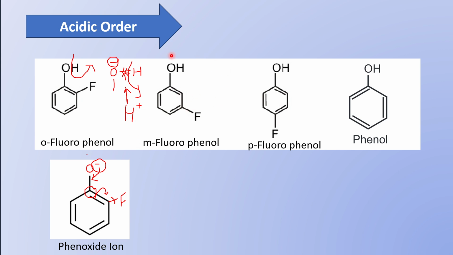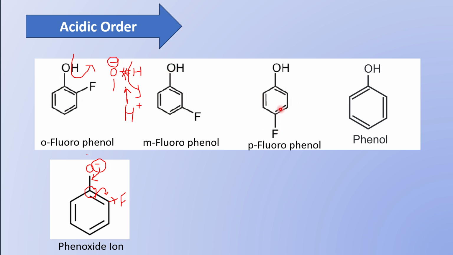Now, when it comes to metafluorophenol, the fluorine is a little bit far away from the functional group over here. So it is going to be a little bit less effective, but it is going to pull the electron as it has very high electronegativity. So it is going to pull the electron from here, and it is going to stabilize the oxygen electron cloud.